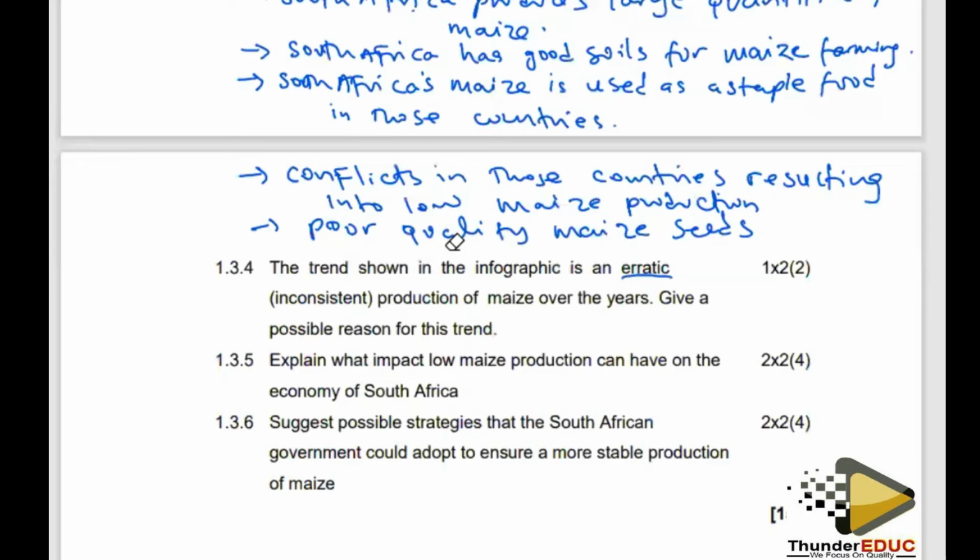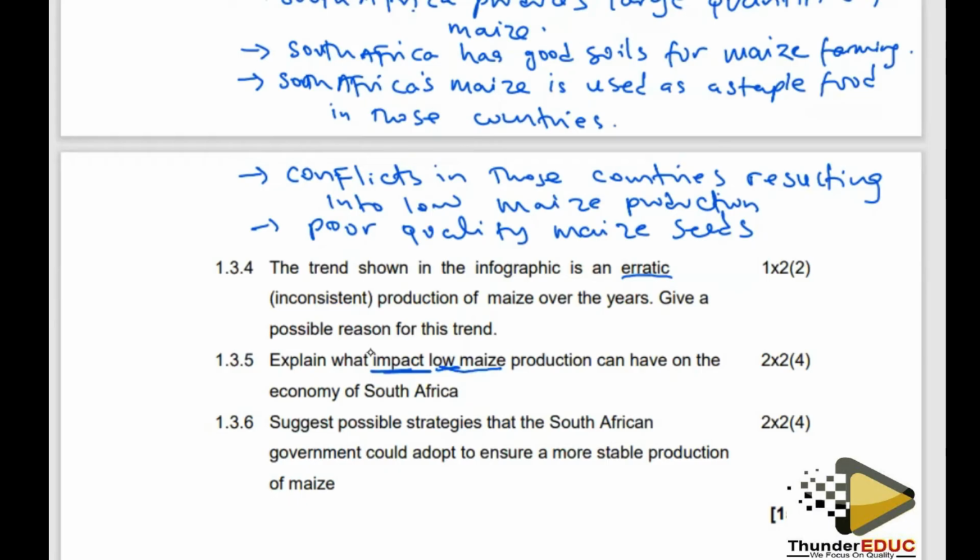Now, the concept here is the word impact, and another concept is the word low maize production.